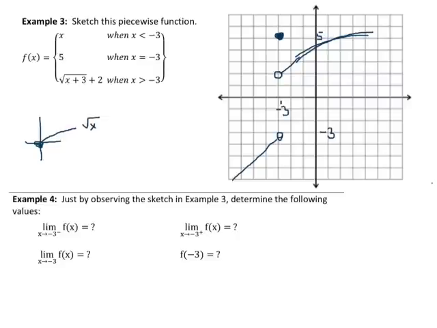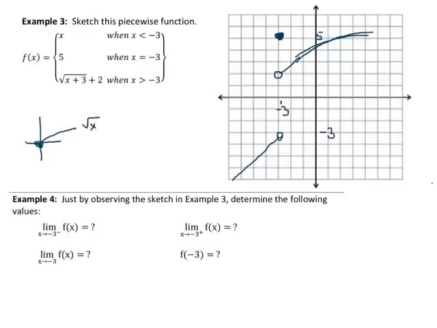It says, just by observing the sketch above, determine the following values. We're looking at the limit as x approaches -3 from the left-hand side. So here is -3, and as we're coming in from the left, what are we getting close to? This value right here, -3.